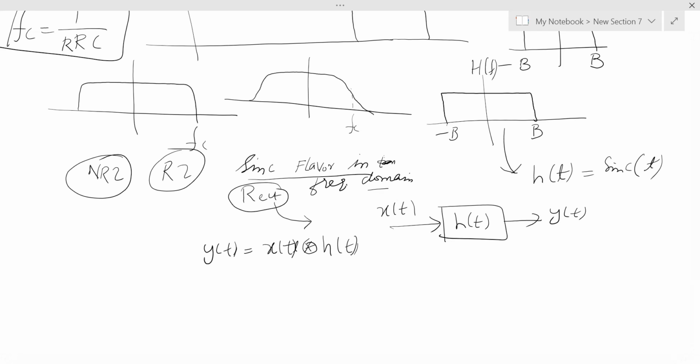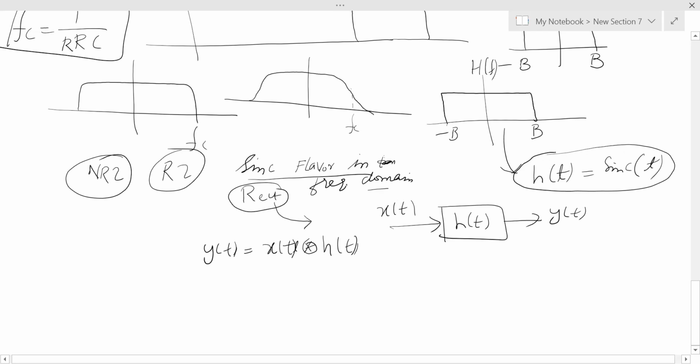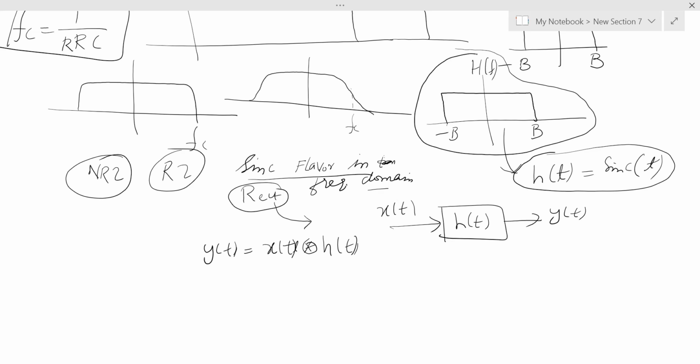Recall why the sinc is there? Because the channel impulse response of a communication channel is usually represented by a rectangular transfer function, suppose a low pass filter. So its impulse response is a sinc, and when you pass anything through the channel, the output will be the convolution of the input and the channel impulse response h of t.